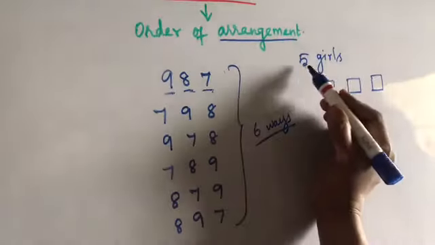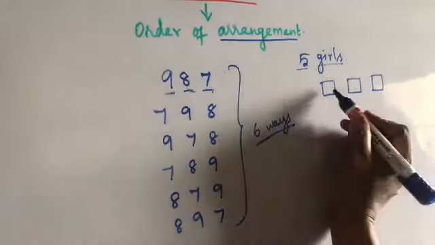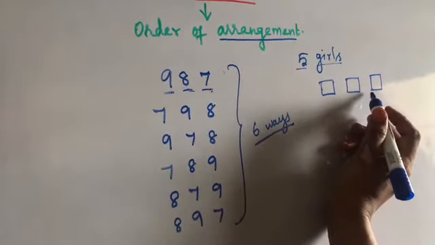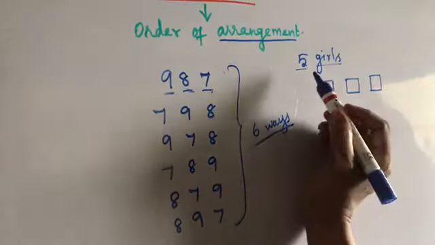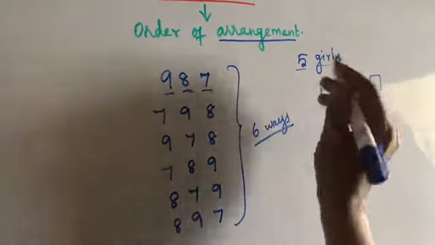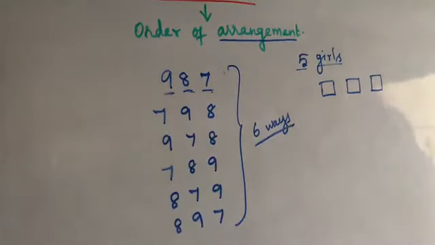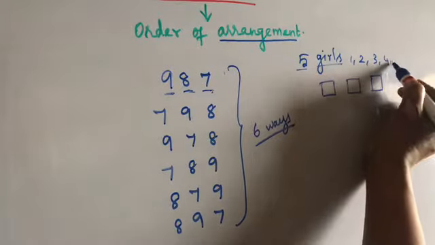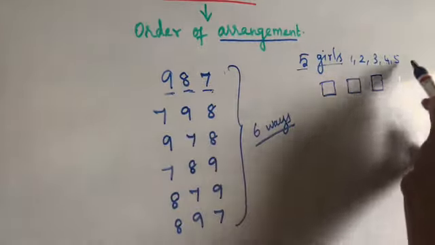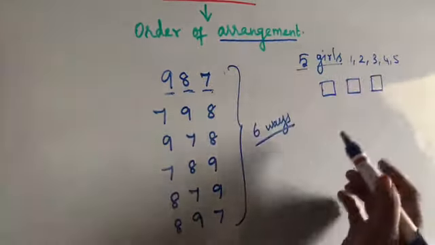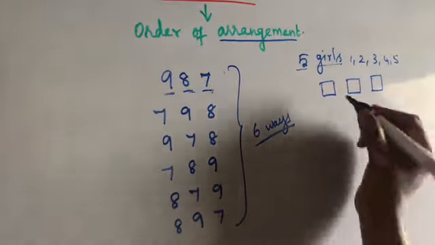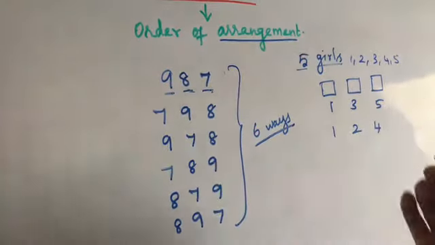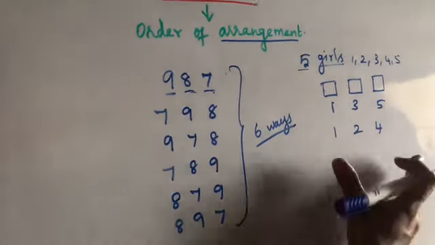I am calling out 5 girls, but I can have only 3 places and 3 seats, so I have to make any 3 among the 5 sit in these places. Okay, so I'll name them as 1, 2, 3, 4 and 5. Among these 5 girls, randomly I'll make them sit 1, 3, 5 or 1, 2, 4. Accordingly, I can write it in so many ways.